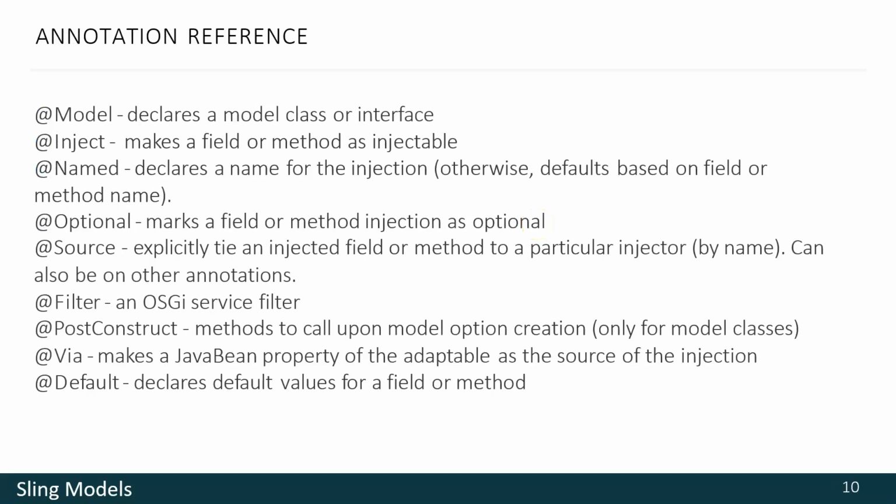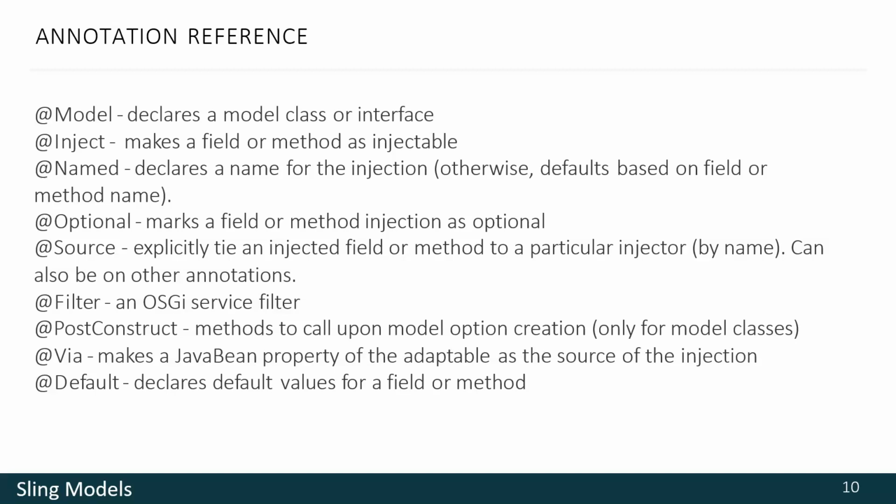What annotations are available in Sling models? You are already familiar with Model and Inject. Next, we have Named, that is used to declare a name for the injection. This annotation is needed when a property's name in the repository and in a Sling model are different. Optional marks a field or method injection as optional. Source explicitly ties a injected field or method to a particular injector.